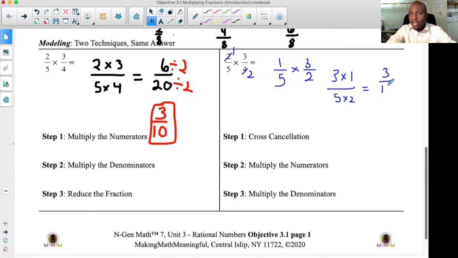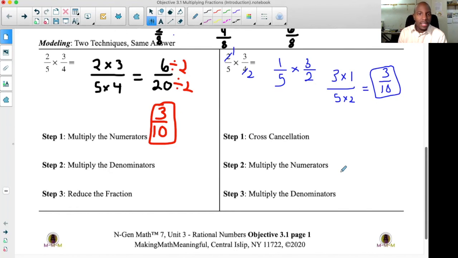Notice this is the same exact problem as the other one, and it gives me the same exact answer, just different ways of doing it. If you want to multiply numerators first, then denominators, and then reduce, go with the first technique. If you want to try to cross cancel, because it might make the numbers easier to deal with when you don't have to reduce, then do that too.